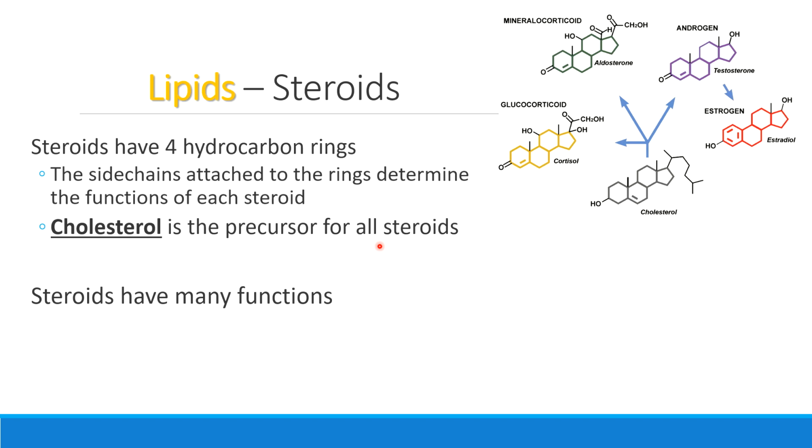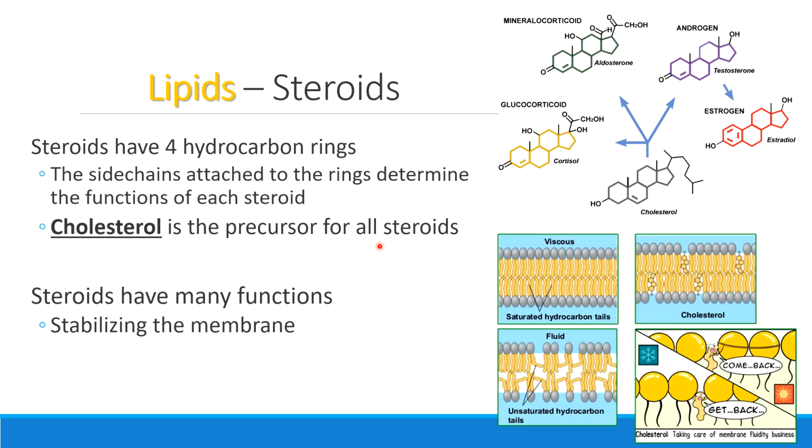Steroids do different things in the body. One of them that we'll talk about just briefly is the fact that they're used to form the plasma membrane, or to stabilize the plasma membrane. So when I have saturated fatty acids, notice that they fit together really nicely. But not all of my phospholipids are saturated. Some of them are unsaturated.